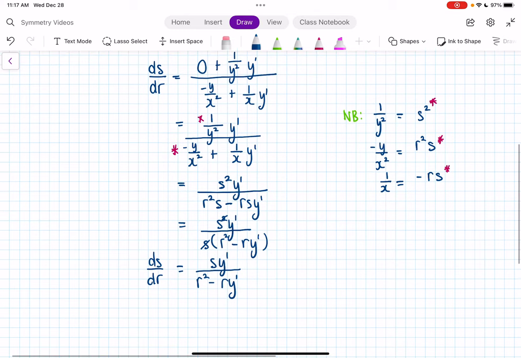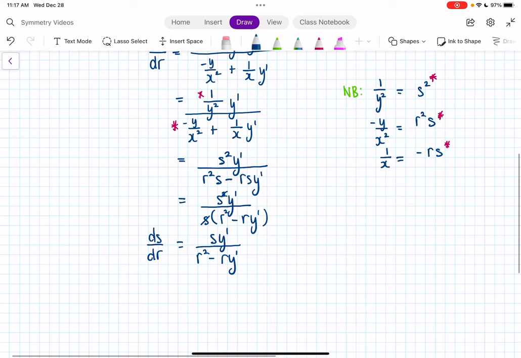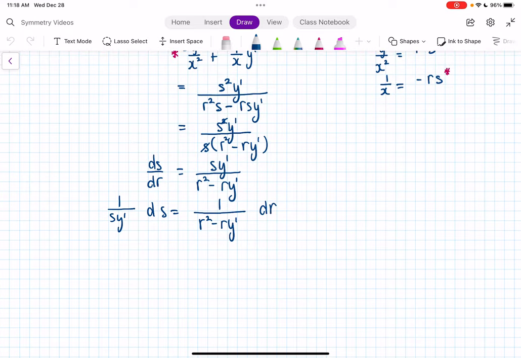So we can simplify. So here we have now a separable equation, which we can then go on to solve. So the left-hand side is pretty simple to integrate.